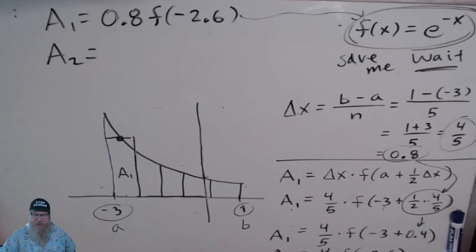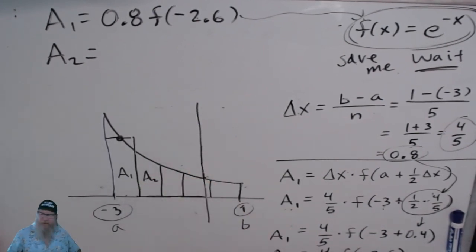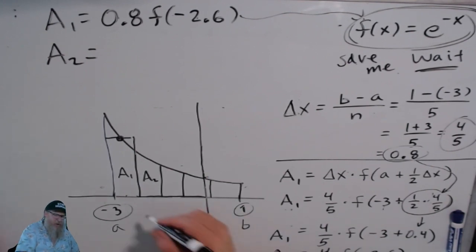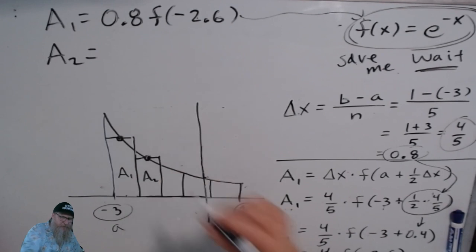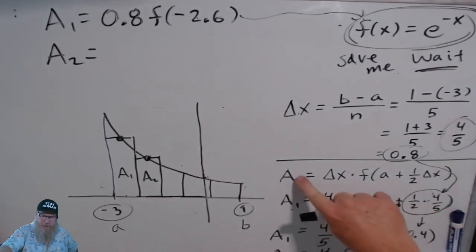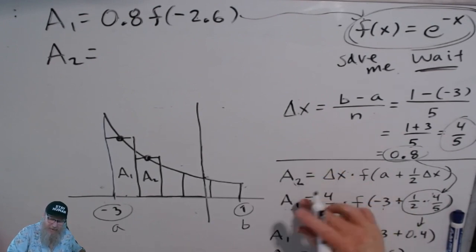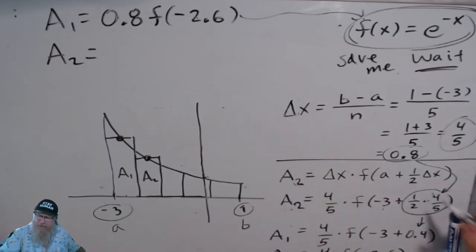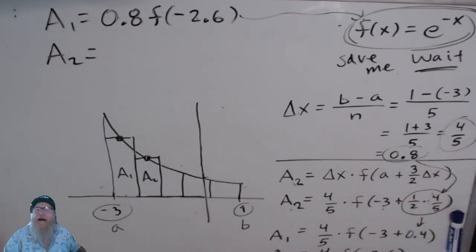All right, A2. So we want the middle of the second rectangle. Just change this to a 2, and change 1/2 to 3/2.